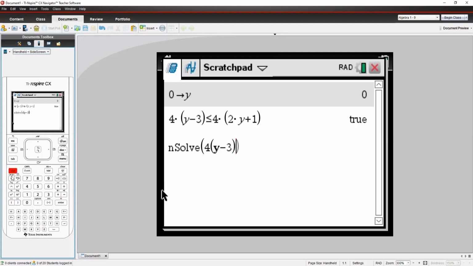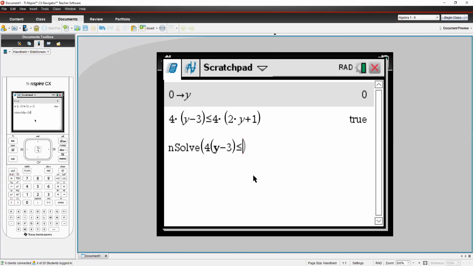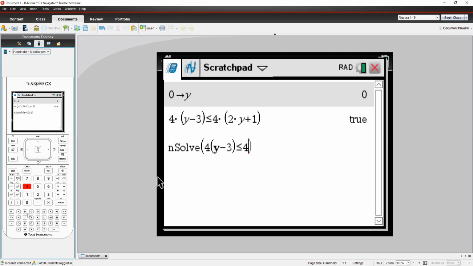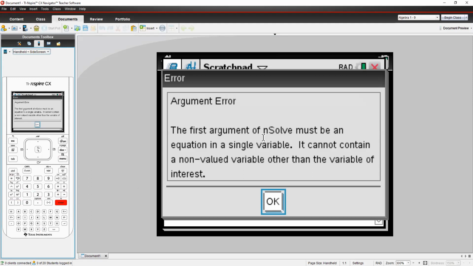Now, I'm just going to do this to show you what happens if you accidentally key in the inequality. This is the message that you're going to get. Don't freak out. 2y plus 1, close the parentheses, and then comma, and then we're solving for y. Press enter, boom. Now it says the first argument of nSolve must be an equation, single variable equation.